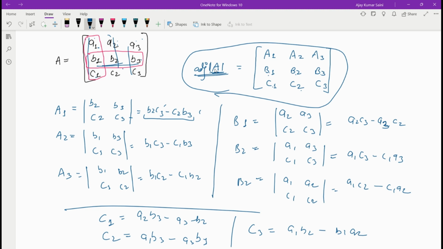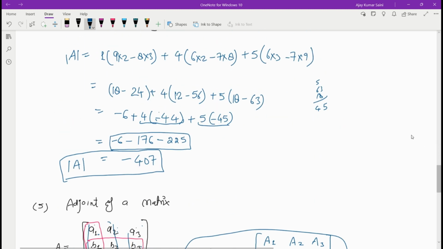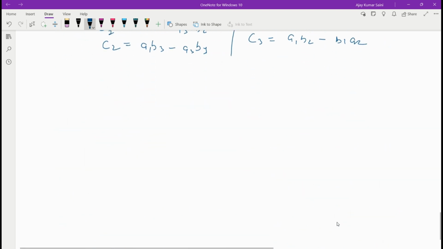So revise it, and in the next video I tell you about the rank, which also comes in the exam. So rank of the matrix, and after that inverse of the matrix.